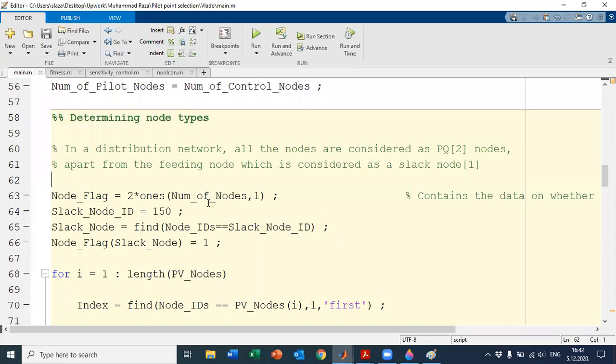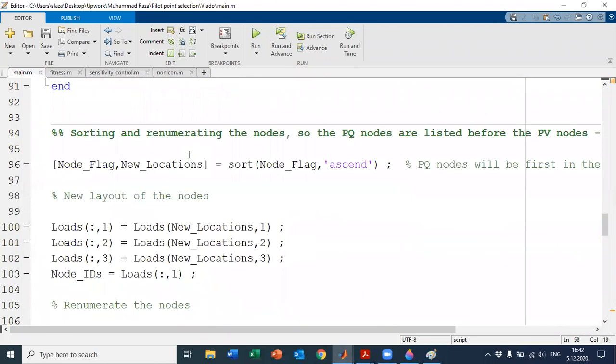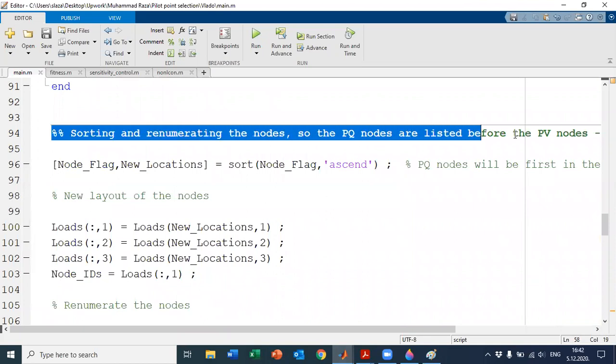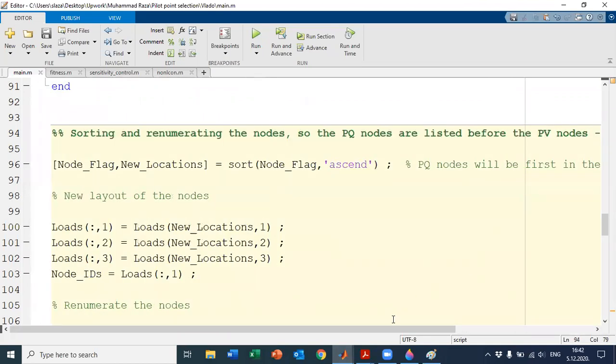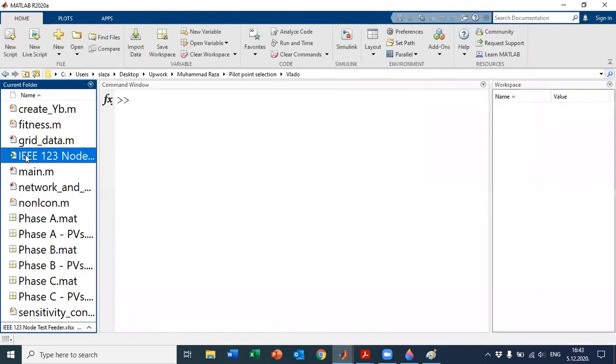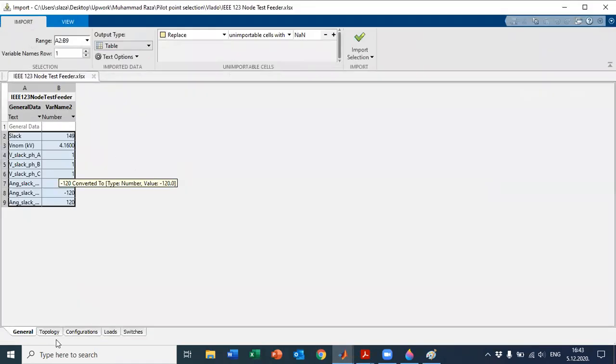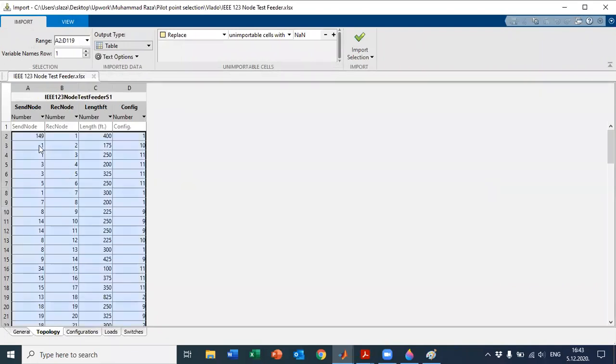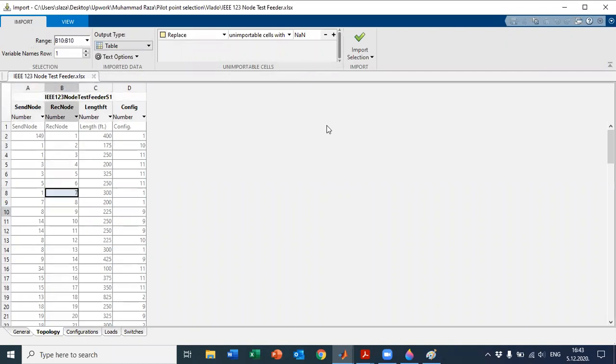Here we determine the node types, and after that we sort and renumerate the nodes. Basically, why are we doing this? Because if we take a look at this matrix, we can see that here we have node 149, here we have node 1, and the nodes are not numbered in order.